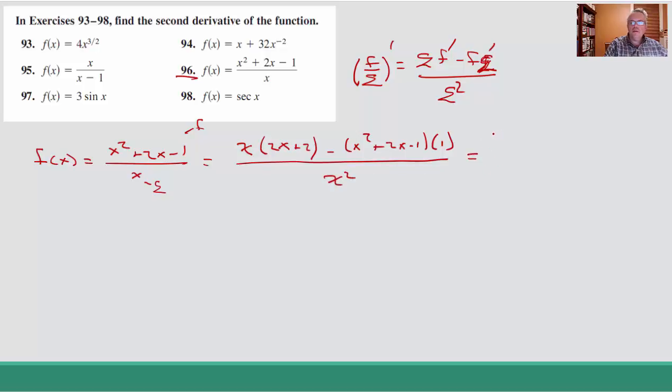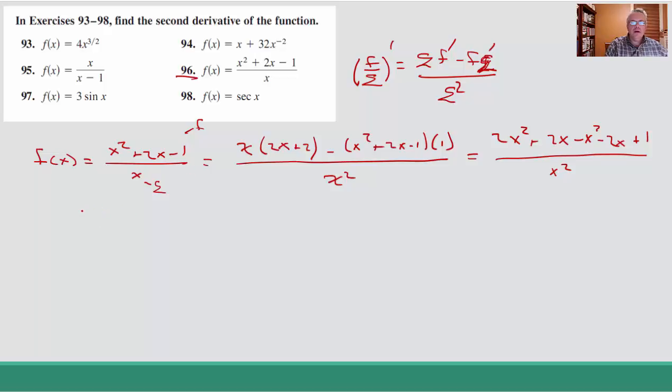Okay, well, that would be 2x squared plus 2x minus x squared minus 2x plus 1, all divided by x squared.